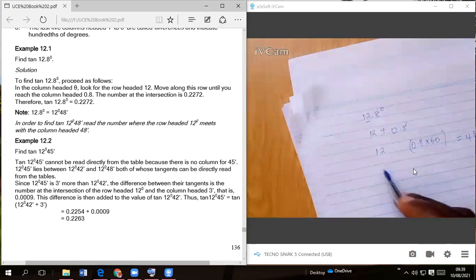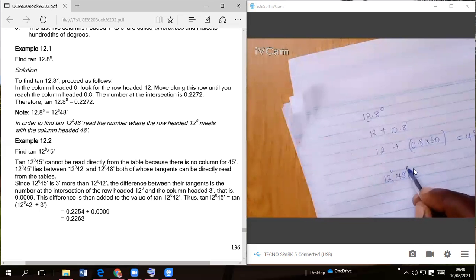So here we write 12, and we are not going to add, we say 12 degrees, 48 minutes.